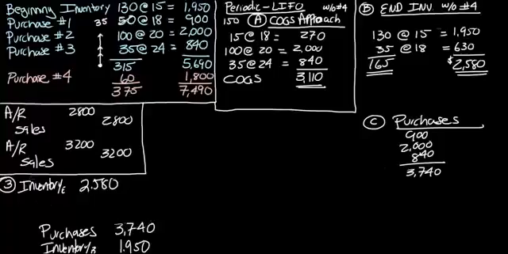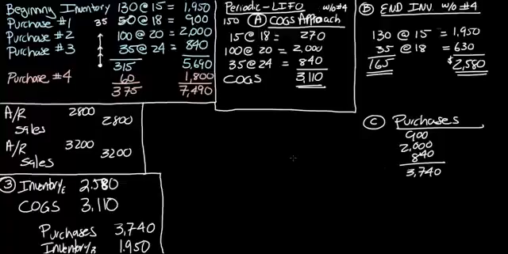So my cost of goods sold, the number that makes this balance, is $3,110. And I believe that all balances now. That's an 8, by the way. Okay, so this is the journal entry we would make under periodic LIFO.